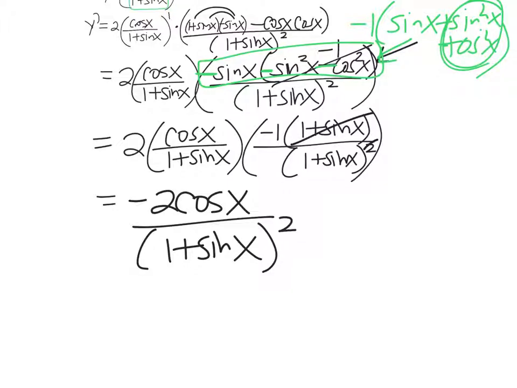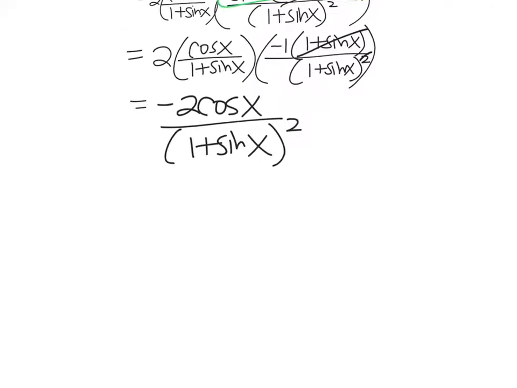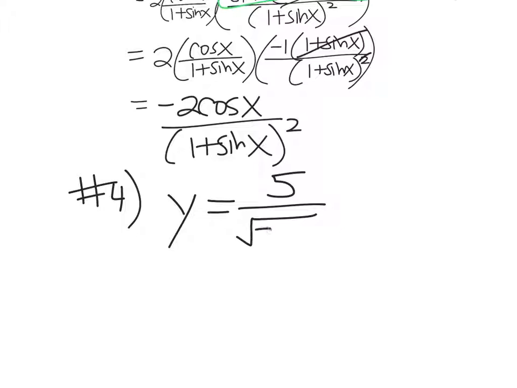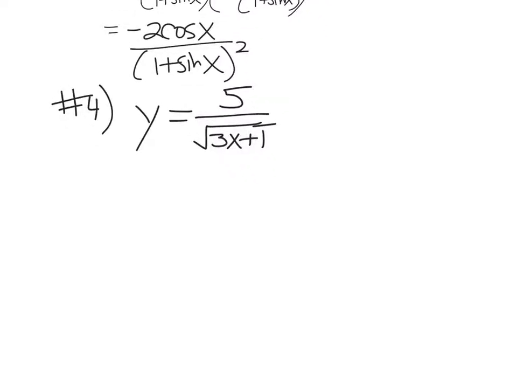Okay, let's just do one more. I just heard the 7-minute bell, so let's do one more. Let's do y equals 5 over the square root of 3x plus 1. All right, for this one, a lot of people, once again, will think you're going to have to do quotient rule and chain rule. You actually don't.